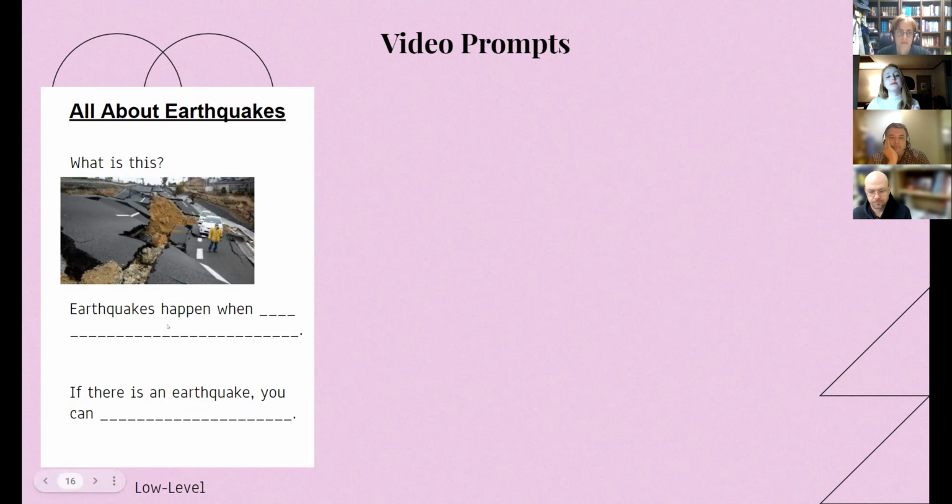And I'm giving them some scaffolded sentences. Earthquakes happen when plate move. Earthquakes happen when big wave. Just chunks of language. I want them to give me something that's related to the lesson.